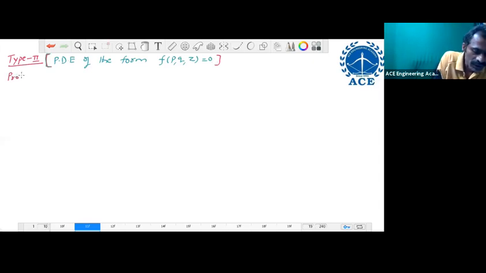Now we go through the procedure on it. Let f of p comma q comma z equal to 0.